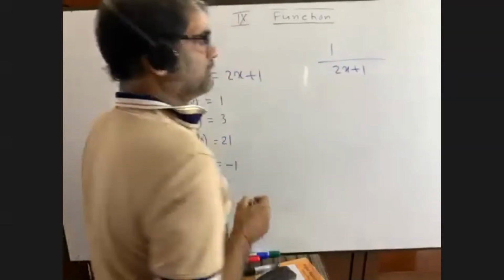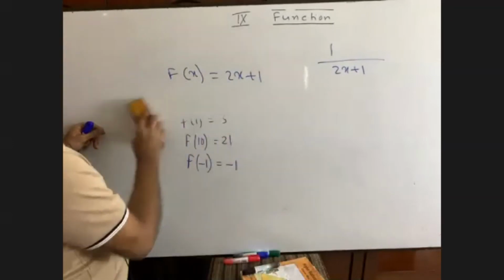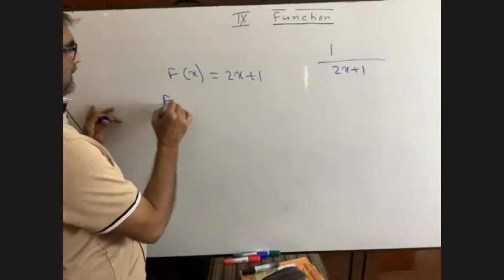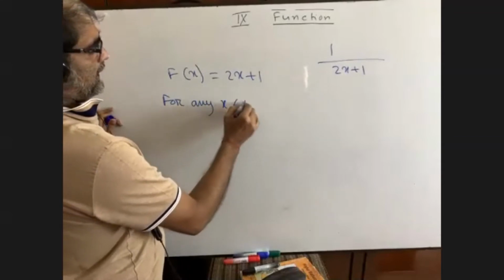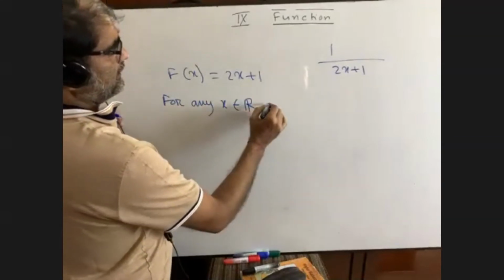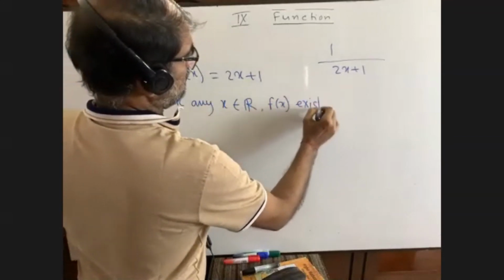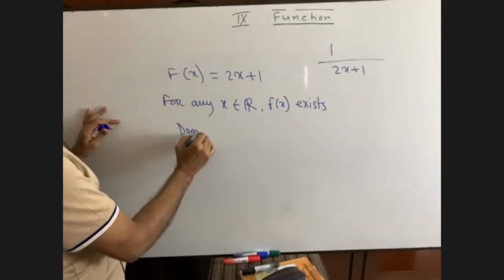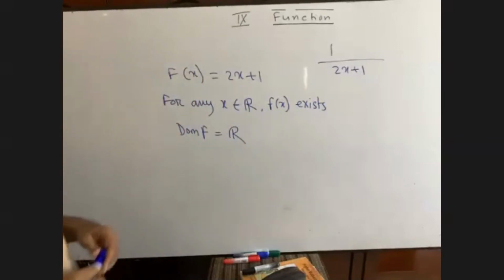So here you have to write down, for any x belongs to R, f of x is defined. Therefore, dom f is equal to R. Math is done. Have you got it?